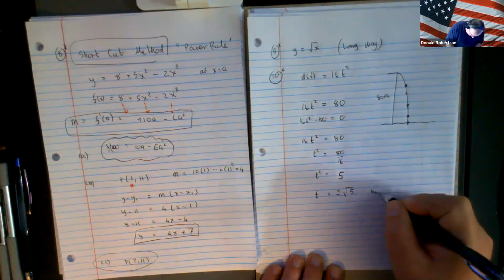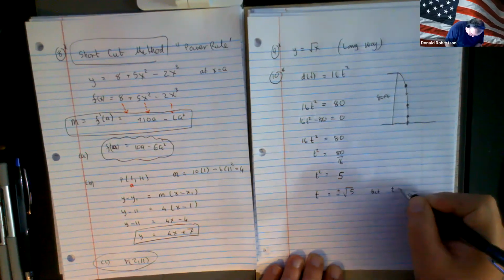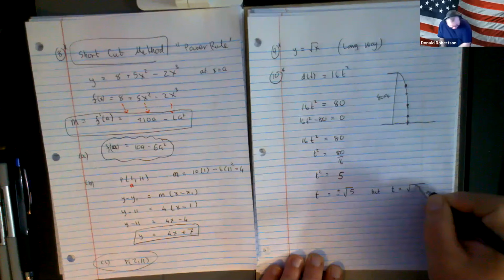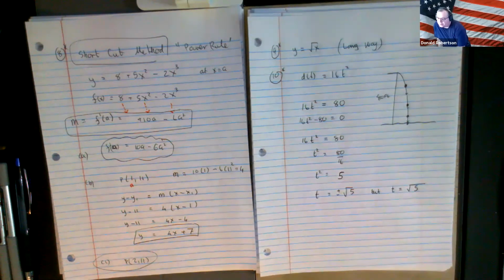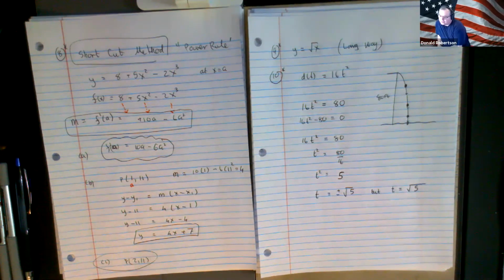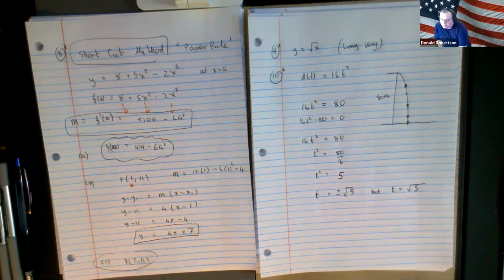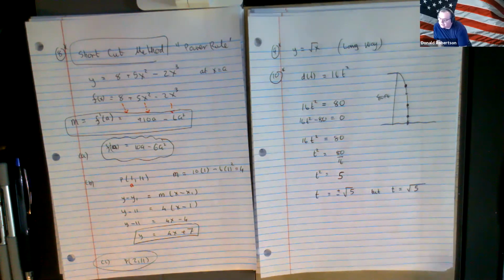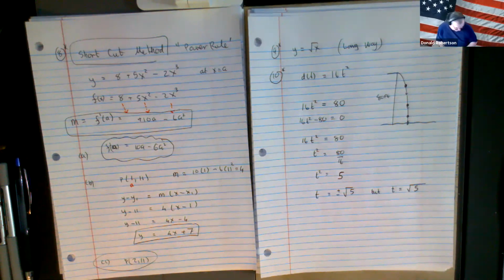But in the context of this story, unless you believe in Doctor Who and time travel, we assume that t is a positive number. And so it's only going to be the square root of 5, which is what, 2.2, 2.3 seconds. So it's not a long dive. We got that.